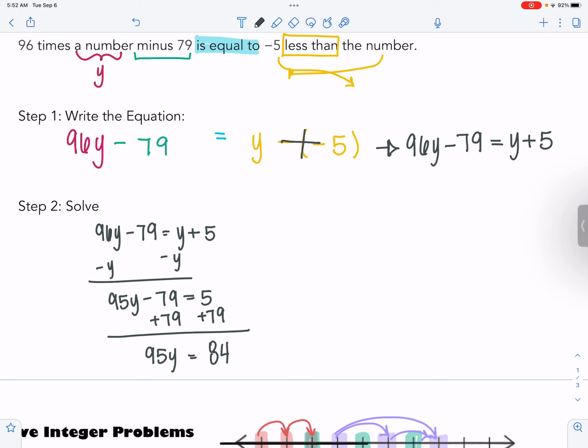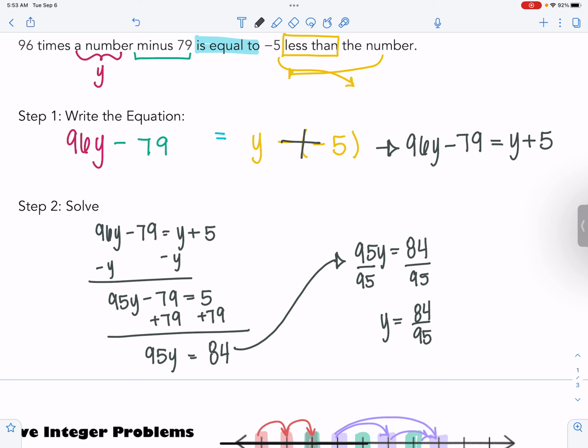Now, last thing I'm going to do is I'm going to divide by 95, and get y equals 84 over 95.